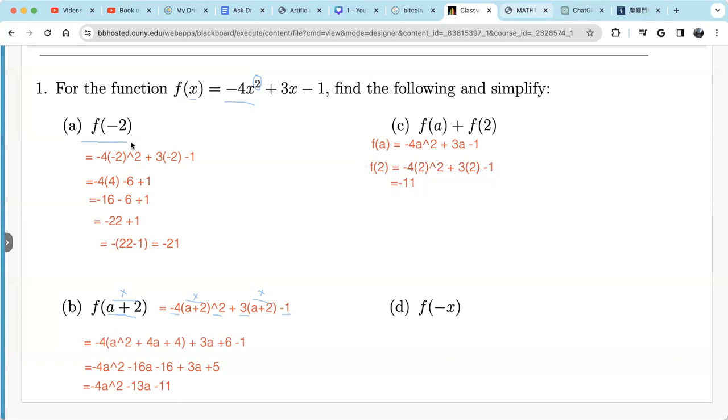Now we add those two together. So f of a plus f of 2: we get negative 4a squared plus 3a minus 1 plus negative 11.